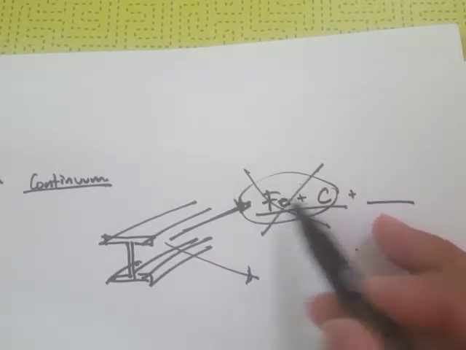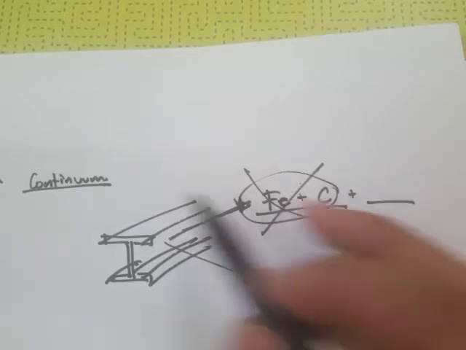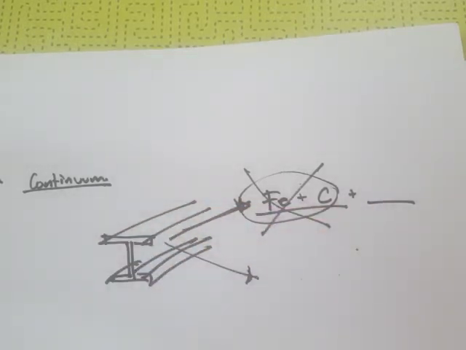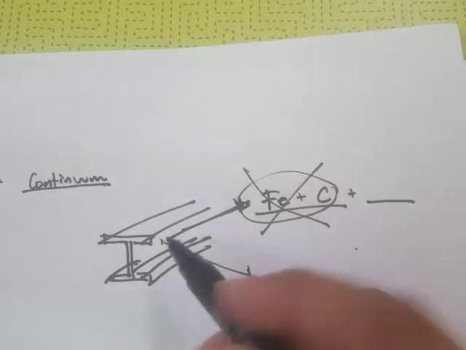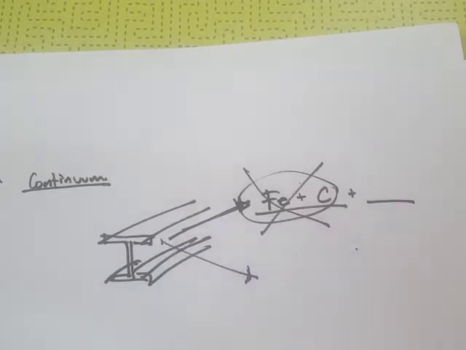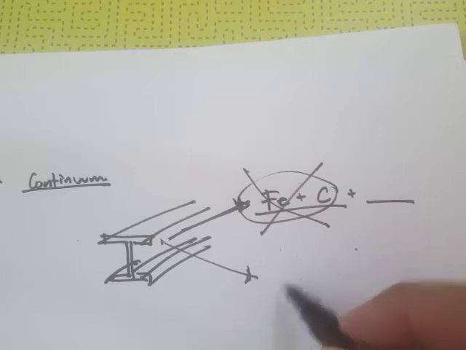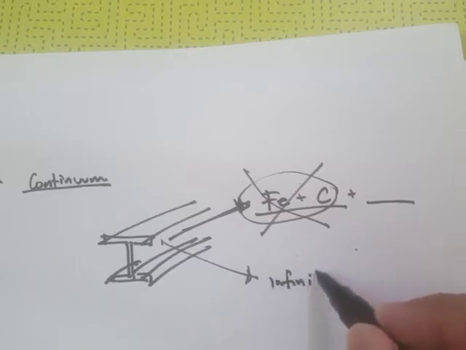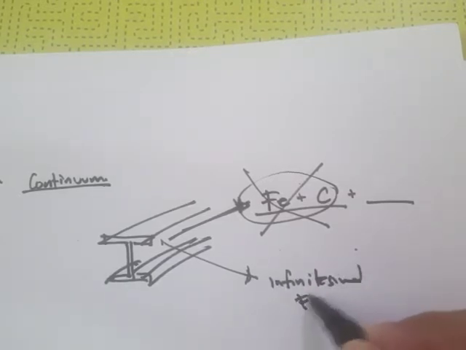That's what you call atoms, indivisible. But for a continuum, it is infinitely divisible. But when we analyze it, there must be some element we can take for analysis. That element is what we call an infinitesimal element.